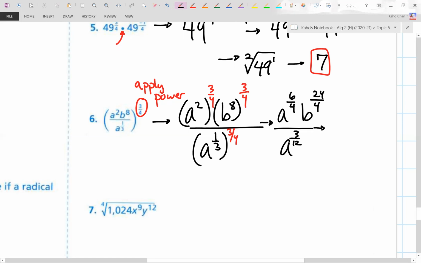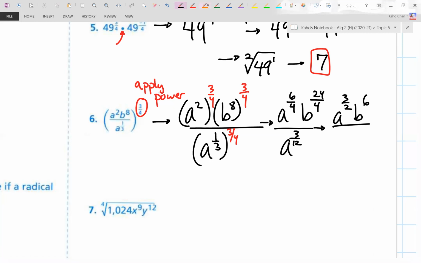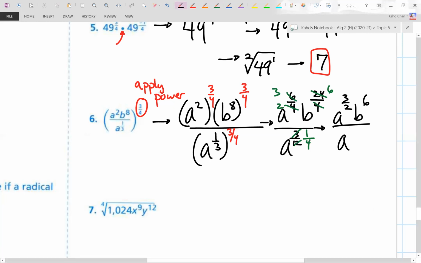Let's go ahead and clean that up. Reduce them. Interesting. That's 3/2. B to the 6. We're going to reduce the 24 over 4. Very interesting, right? Just reduce. Oh, this is reducible too. Interesting. And this is a to the 1/4.